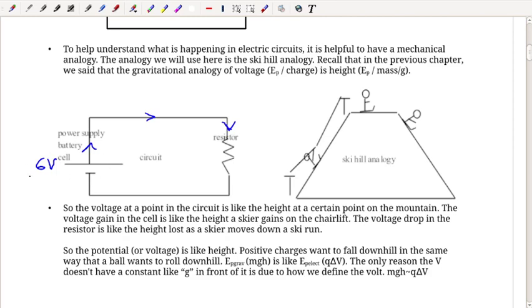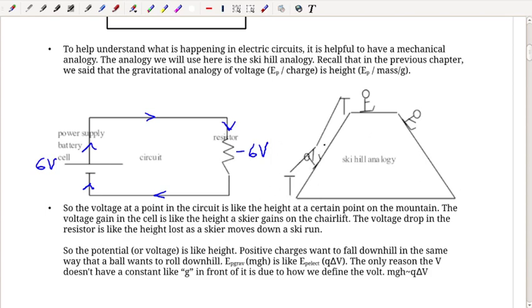So the cell gives it energy, and when it goes through the resistor, it loses the energy. It loses the 6 volts of potential and then continues on till it gets back to the cell. So we've got a complete circuit. We gain energy from any power supply, a battery or a cell, and we lose energy in any kind of resistor. Similar idea when we're looking at the ski hill analogy.